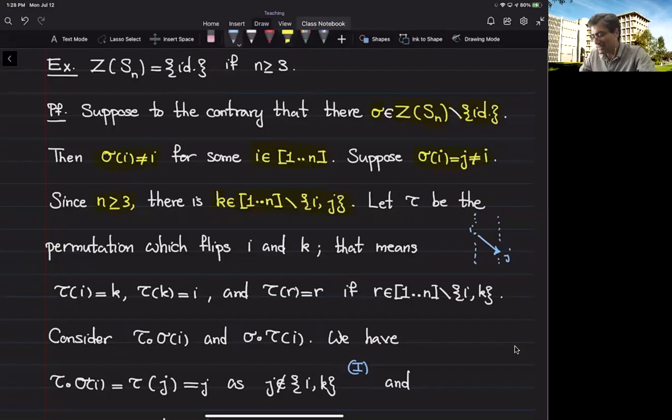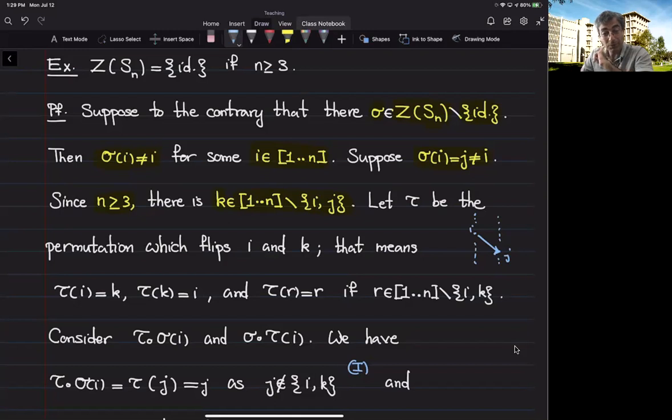I'm going to consider the permutation tau that sends i to k and k to i, but does not change other points.